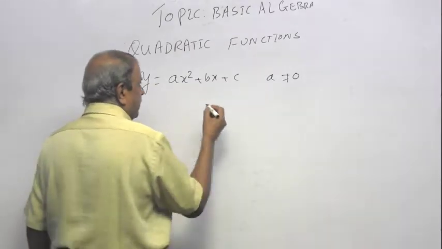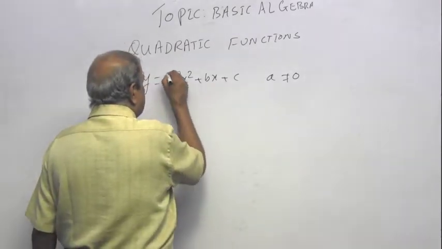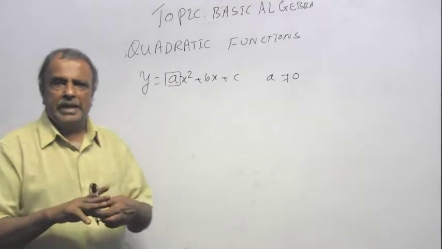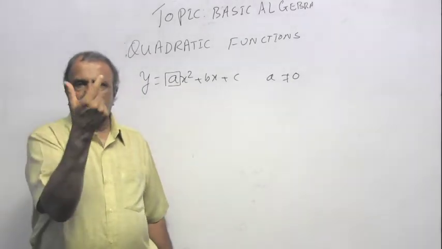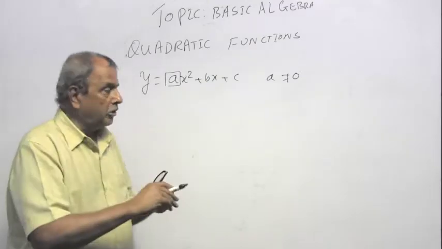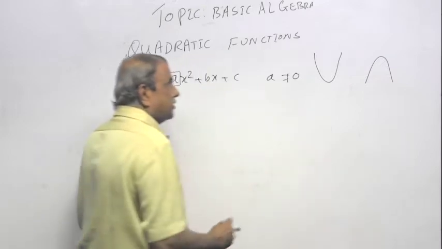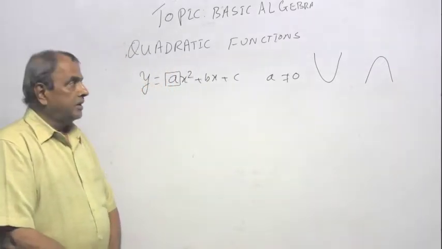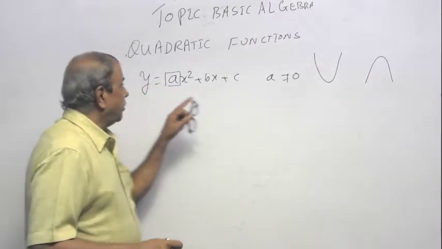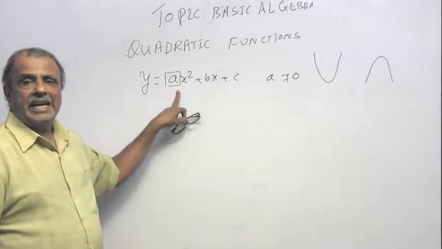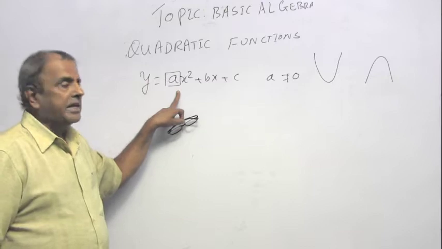So for a parabola, the shape, meaning the orientation, depends upon the value of a. A parabola could be like this, or it could be like that. That depends upon whether the coefficient of x squared is positive or negative.